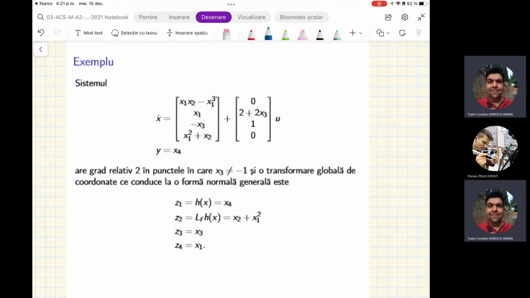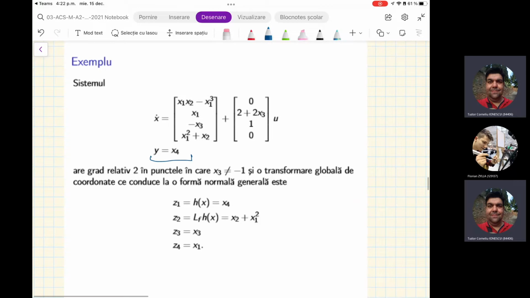And now we have an example of this. The example is this polynomial system. Note that this is a truly weak nonlinear system. This is the output we choose.